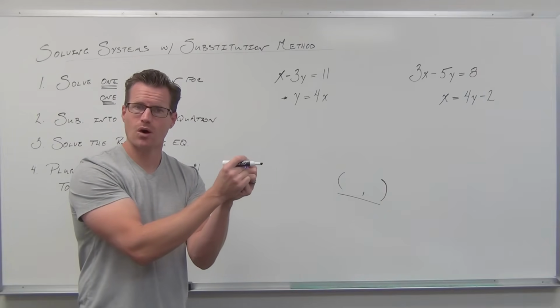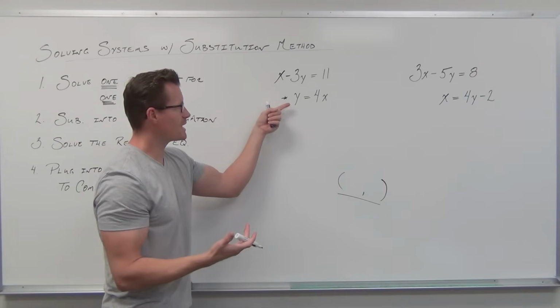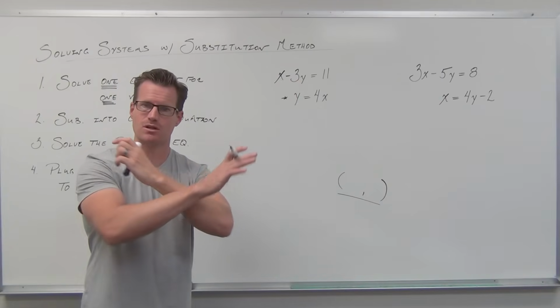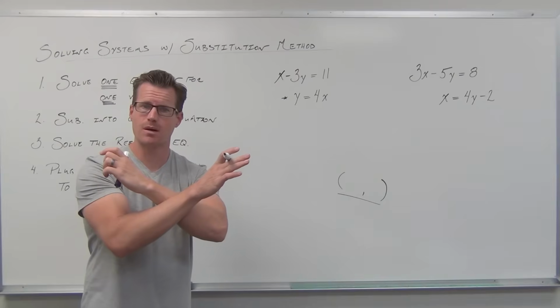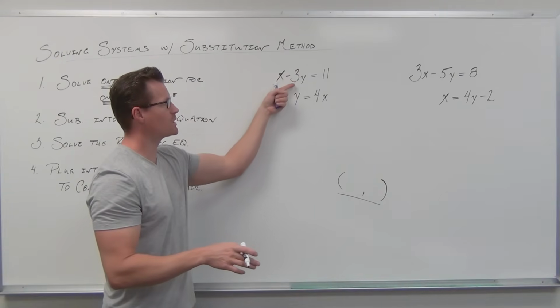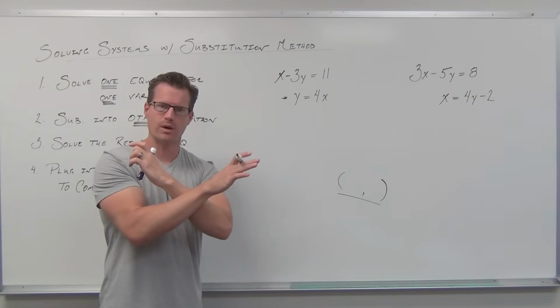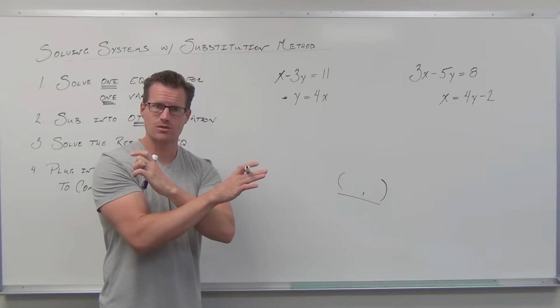So let's call the y's equal. Let's say that these two y's are the same. Well, they certainly would have to be if it's going to be the point of intersection, the one point that's common to both lines. These y's would have to be the same for us to have one point that's on both lines. That's cool.